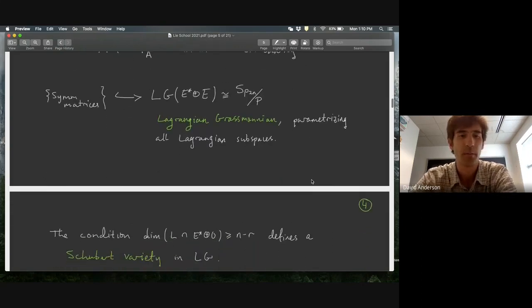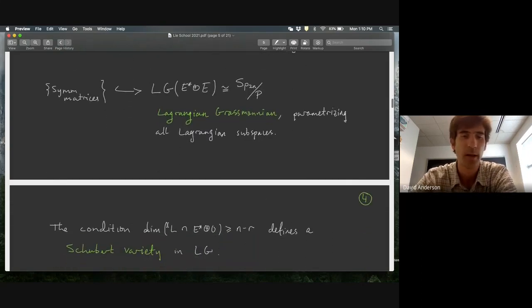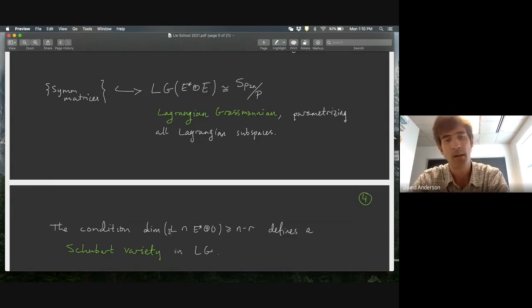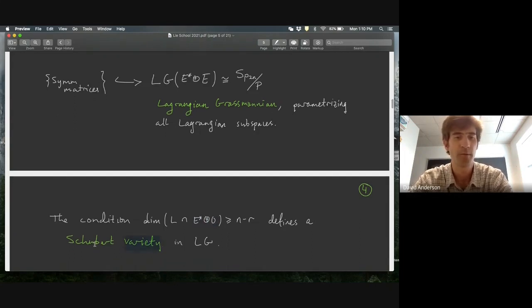Okay, so the condition of intersecting, where I take any Lagrangian subspace and I intersect it with a particular one, and I impose the condition that the dimension be at most n minus r, or some number, defines what's called a Schubert variety in the Lagrangian Grassmannian. So what I mean is I'm taking all L's such that its intersection with this fixed space has dimension at least something. And Schubert varieties are defined this way.